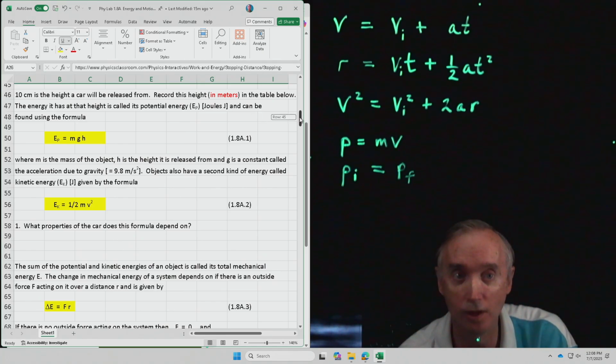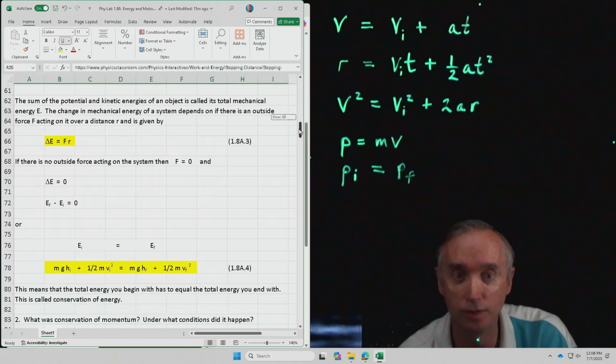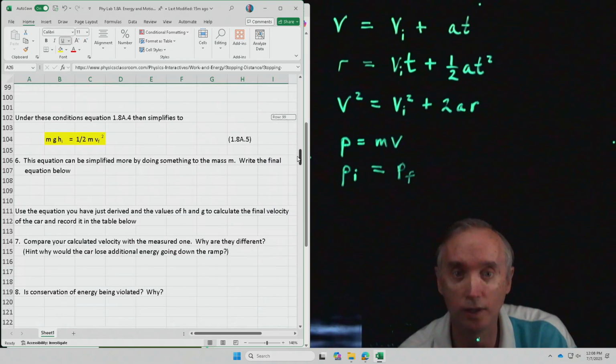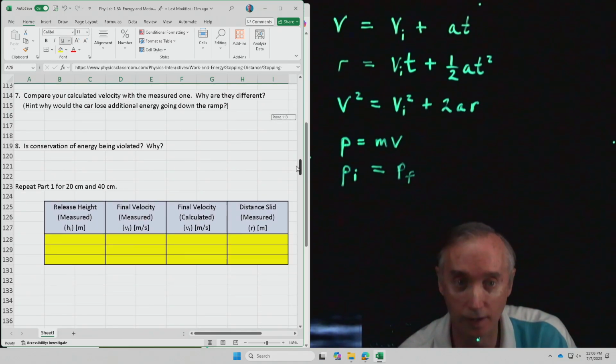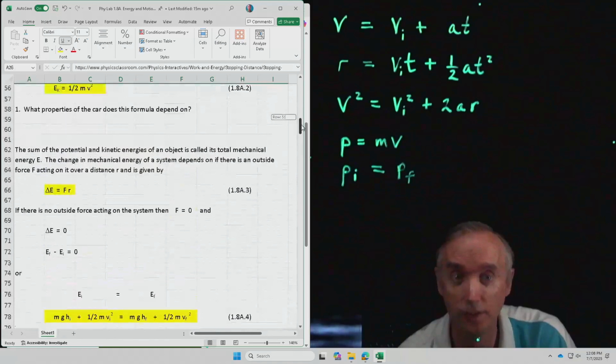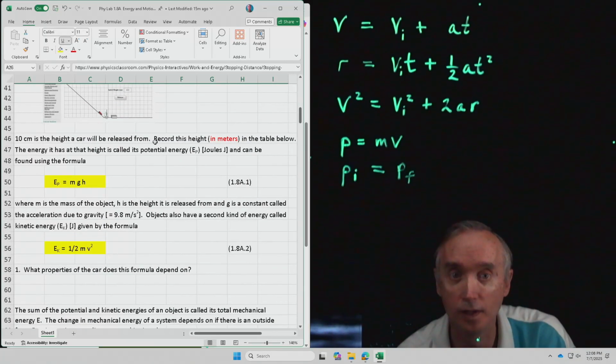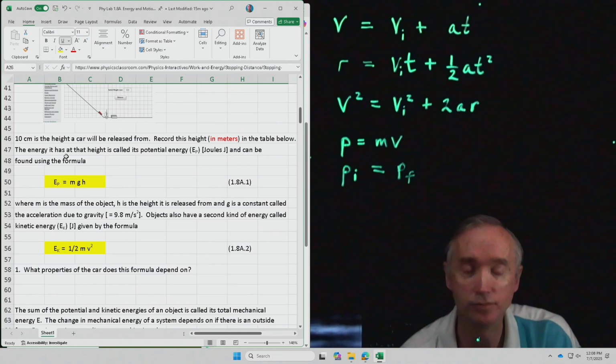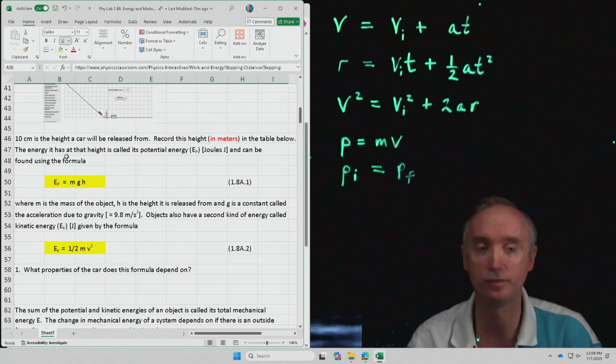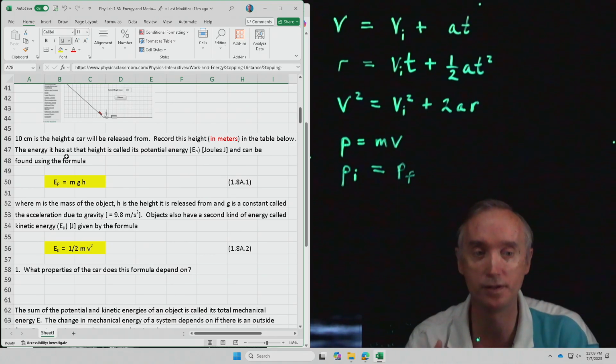Now the table below is really below, so you need to go all the way down to here, and so there is the table that you're going to be filling in. Okay, now the energy, so this is a new concept. So we've talked about what do we mean by distance, speed, momentum, and now we've got another concept called energy.